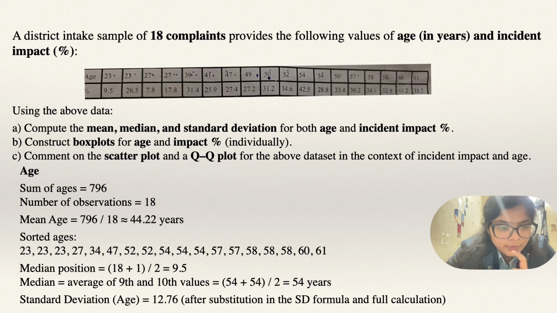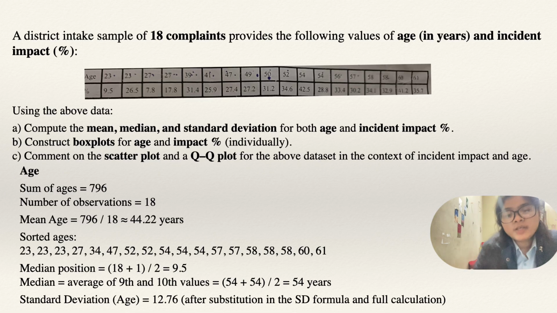Standard deviation is calculated and it turns out to be 12.75 after substitution in the standard formula and full calculation. I have not shown the calculation here, but it is calculated this way. We first calculate the mean, then we calculate the difference of each item and the mean, and then we square that difference, divide by n, and then find the square root of this.